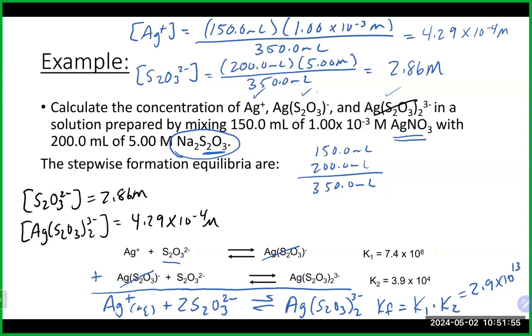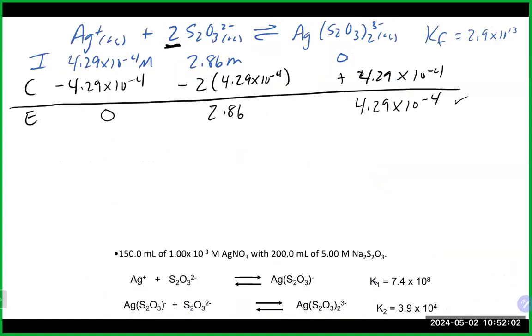Now, we do want to find this guy and this guy's concentration. And at this point, you really do have a couple of options. Since they gave me the stepwise formation of each of these guys, and each of these steps are equilibrium type reactions, I'm going to use just the individual steps to figure out the concentrations of everybody else.